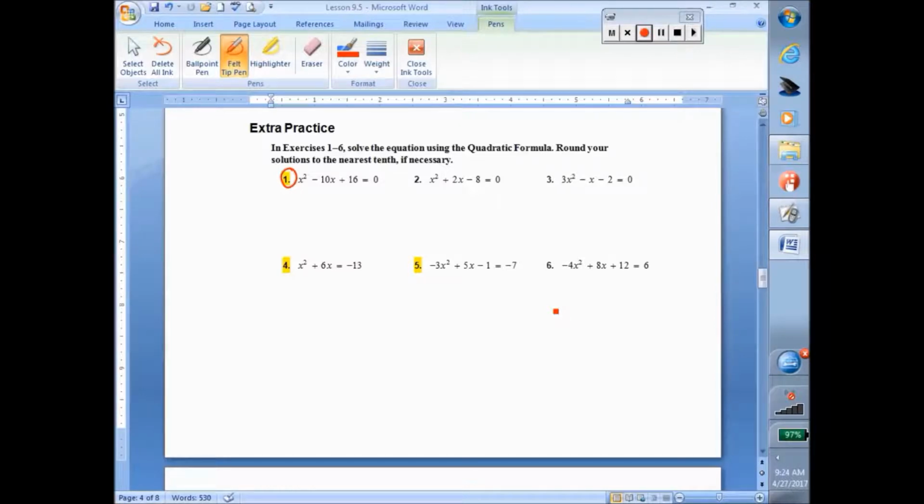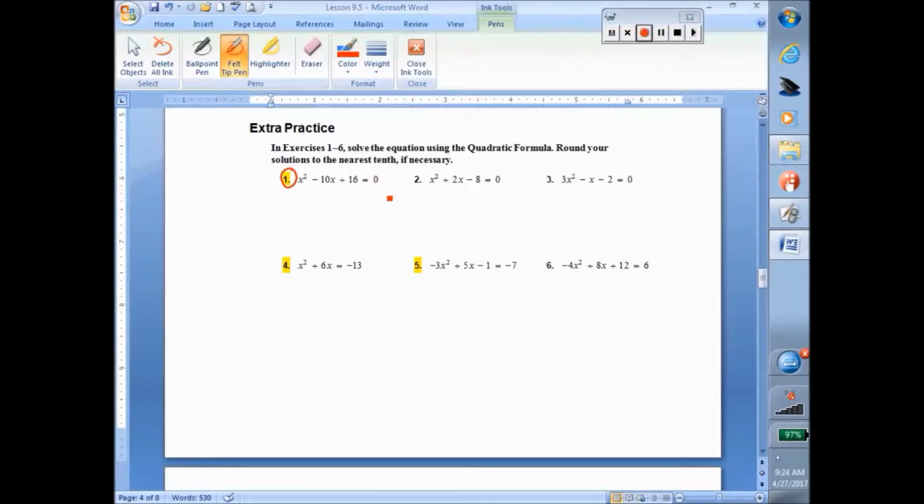What I want to start off with, first of all, is making sure our equation is in standard form. We have my x squared term first, x to the first power is next, and then my constant, my c value, is last. Then I also have to check to make sure, is my equation equal to 0? And yes, it is.